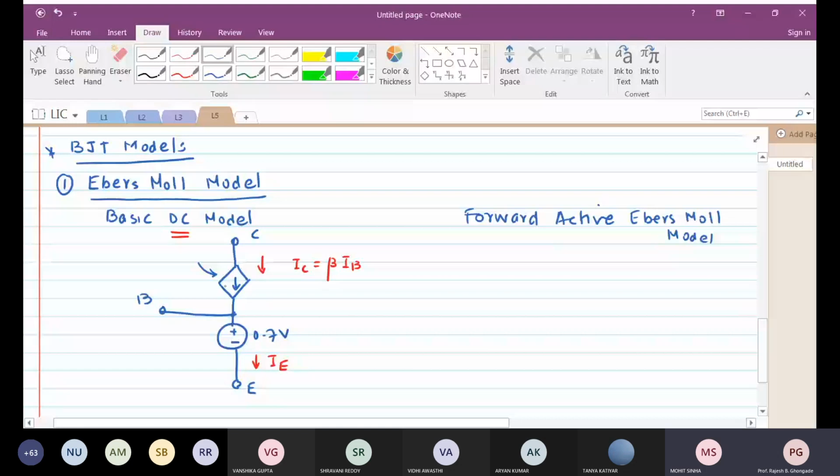We have already seen control. Yes, absolutely correct. It is a current control. Okay. And why are we putting it like this here? Because in a bipolar junction transistor, the base current is the one which controls the collector current. So as if we are having a current controlled current source, this control is with the help of the base current. Okay? So we can have a forward model like this, just a small modification.